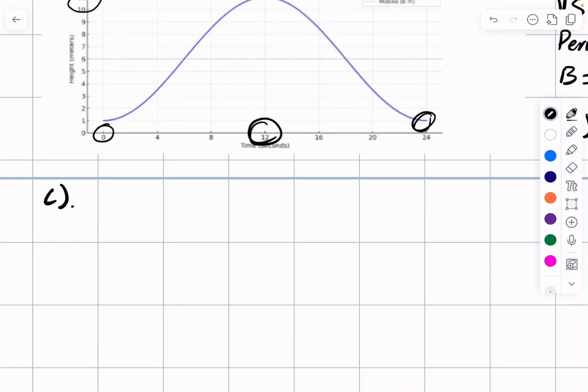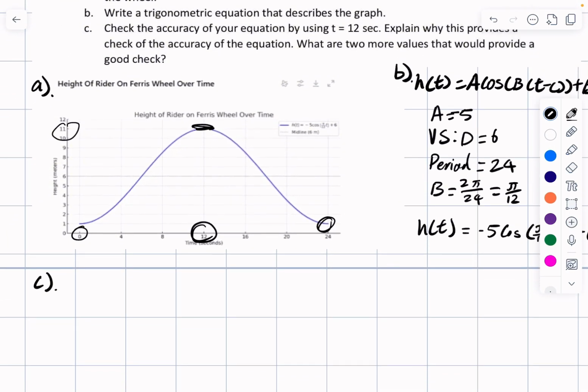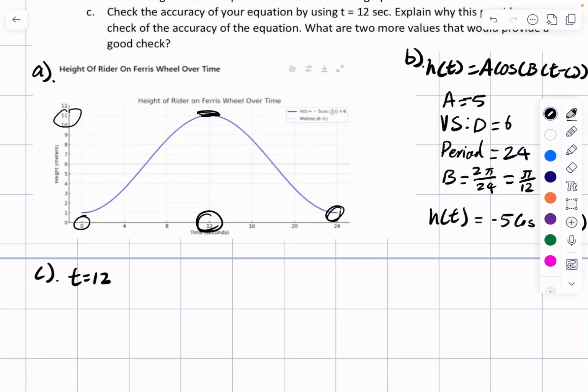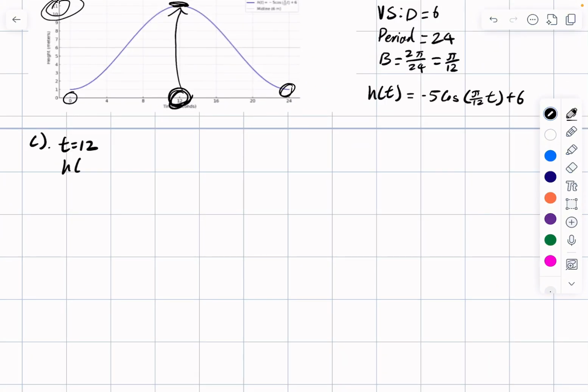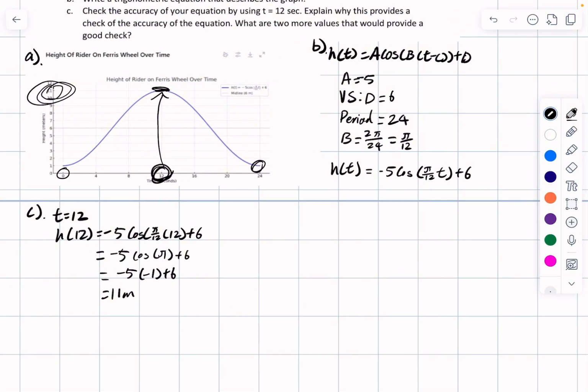And for part C, we just plug in t equals 12. There we go, 11 meters, so my equation was correct.